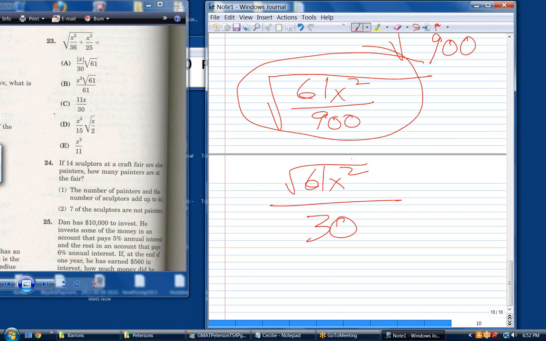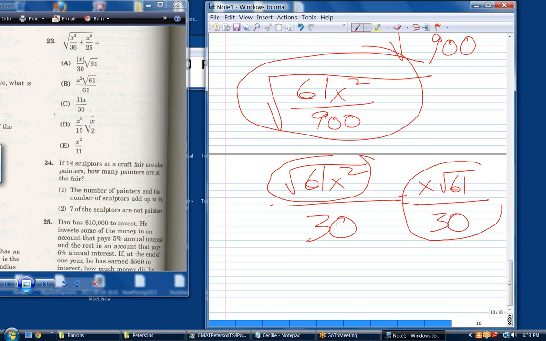In other words, let's simplify this. What can we do to this numerator to simplify it? Well, if you take the square root of x squared, don't you just end up with x? Yes. What's left over? Square root of 61 over 30. There's our answer. Notice that it has the lines next to it.